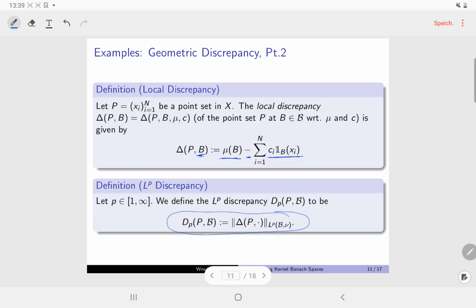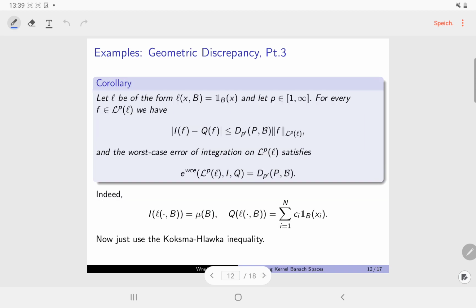Now it is an easy corollary that in the spaces just introduced before, the worst case error is just the LP prime geometric discrepancy.